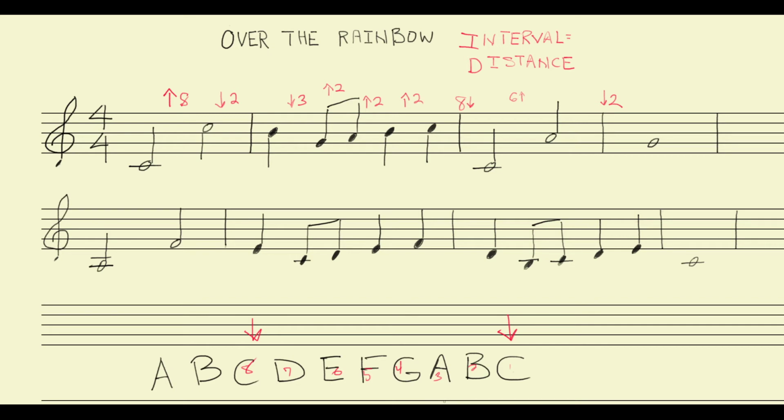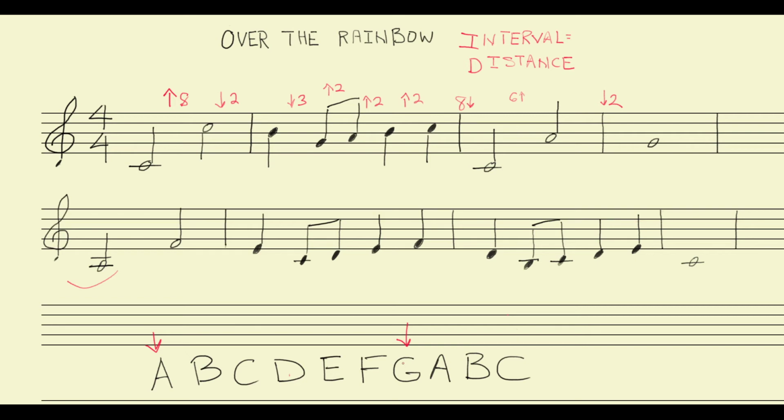Then from G, we go down to an A. And since this is a little bit of a longer interval, let's actually go back to our letters at the bottom here. We're going from G down to A, and this is the A that starts the beginning of the second line.